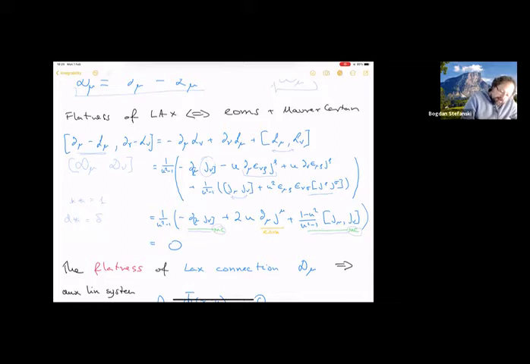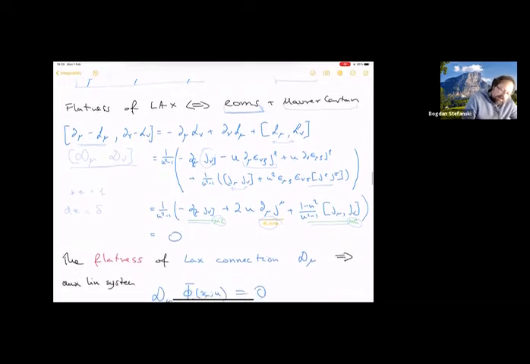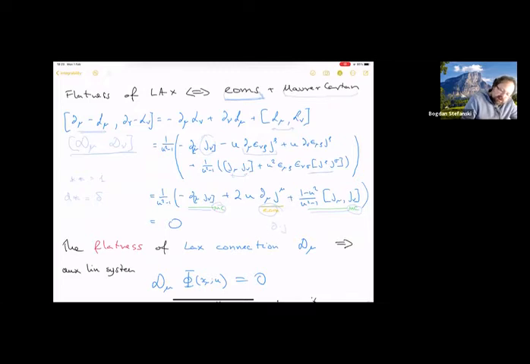And the terms in yellow are 0 as long as the equation of motion of the original sigma model is satisfied. So this Lax connection that I've introduced fairly arbitrarily is flat, as long as we satisfy the equations of motion and the Maurer-Cartan equations of the original sigma model. In other words, as long as we have a current which is both conserved and flat.